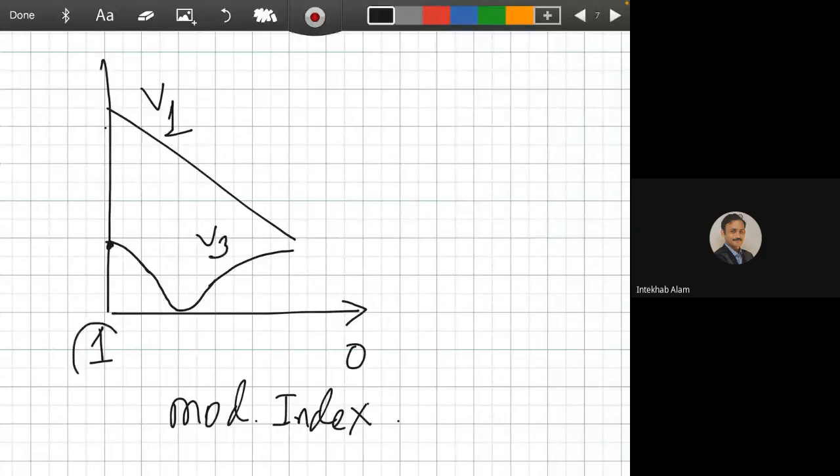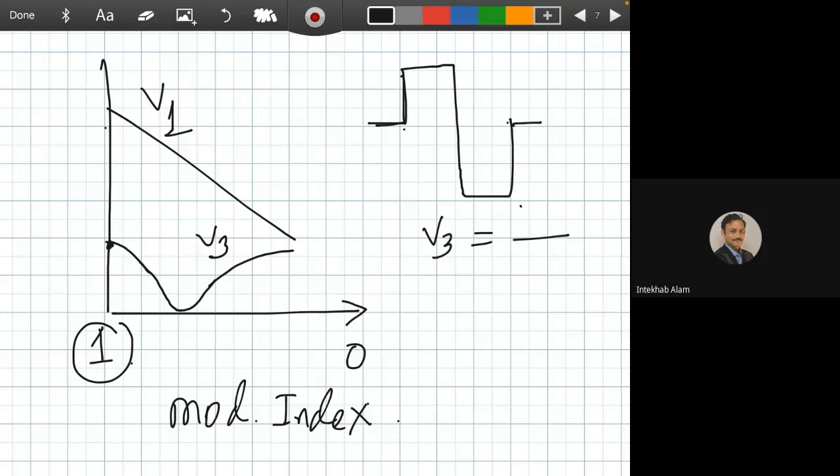Here modulation index is 1, and our output actually is a square wave. Modulation index is 1, so V3 is equal to V1 divided by 3. Can you see it? Here modulation index 1 means there is 100% duty cycle.